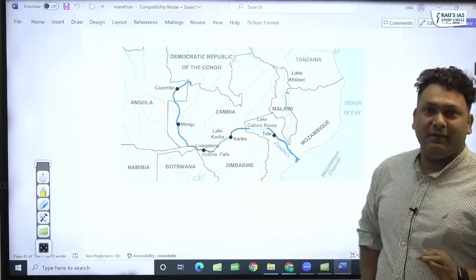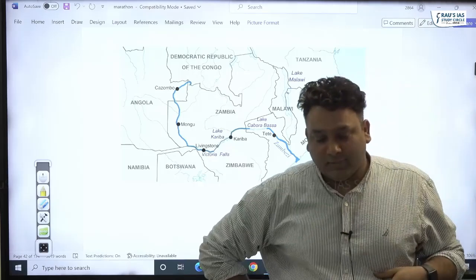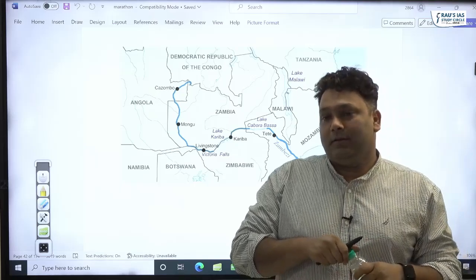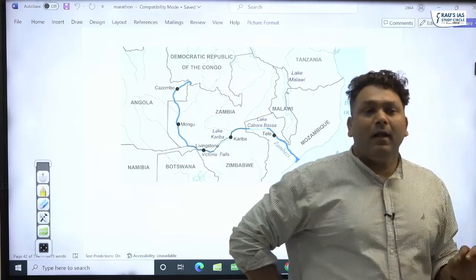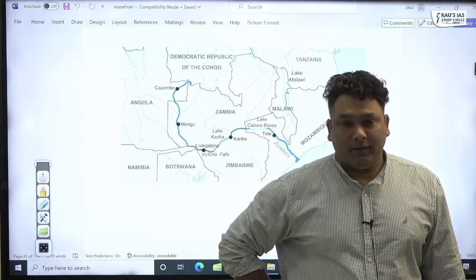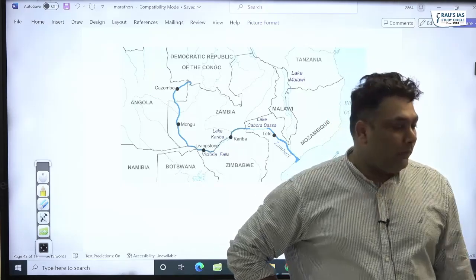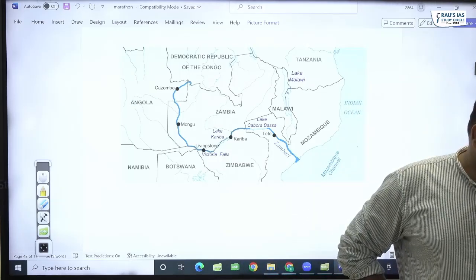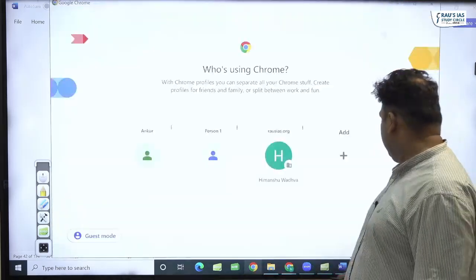Recently, again, this is current affairs, the water in Lake Kariba has reduced, leading to droughts in Zimbabwe and Zambia.